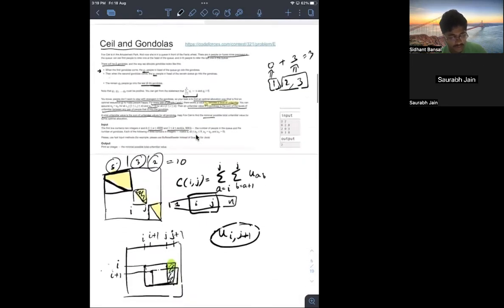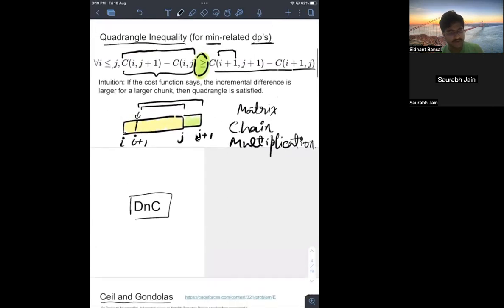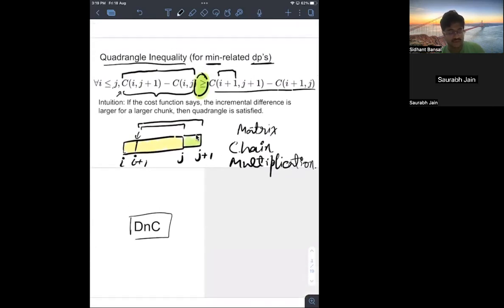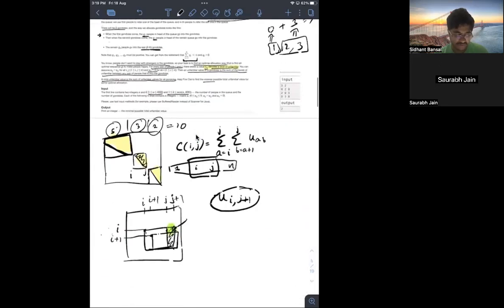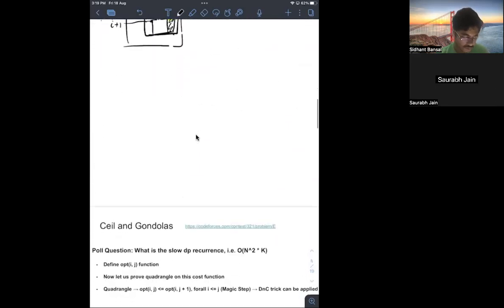So u(i,j+1), this particular entry, you won't get on the right-hand side, but all the other entries, you'll get them both on the left-hand side as well as on the right-hand side. So that's why the left-hand side has to be greater or equal, depending on whether u(i,j+1) is 0 or non-zero. So you see that quadrangle inequality is satisfied.